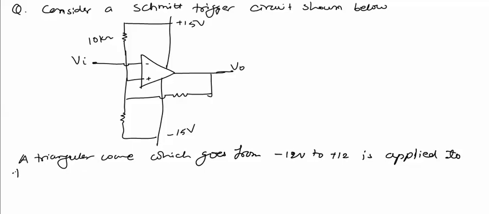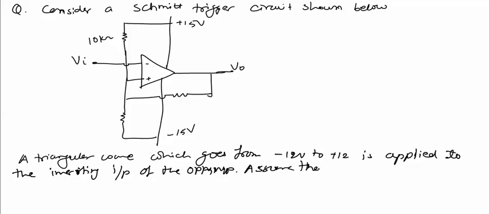to the inverting input of the op-amp. Assume that the output swings from plus 15 volt to minus 15 volt.